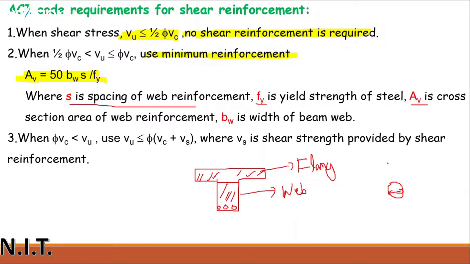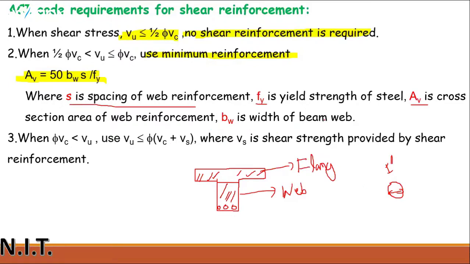For example, this is the diameter, and this diameter is 1 inch. Then how can we calculate the area? Pi by 4 D square, and D square equals 1 inch. So you can use pi by 4 D square to calculate the area of this section. There are 3 bars over here, so just multiply that area by 3.